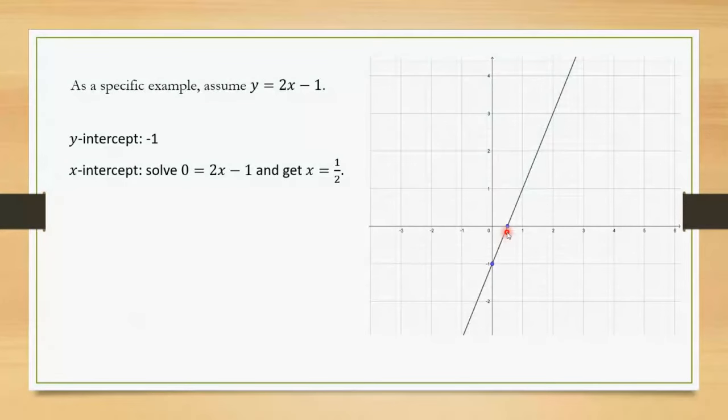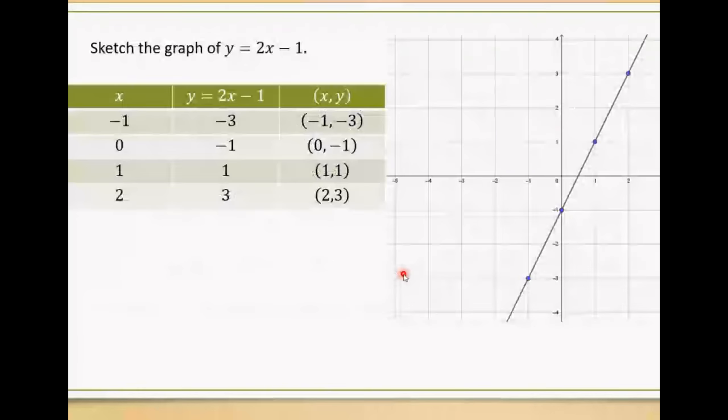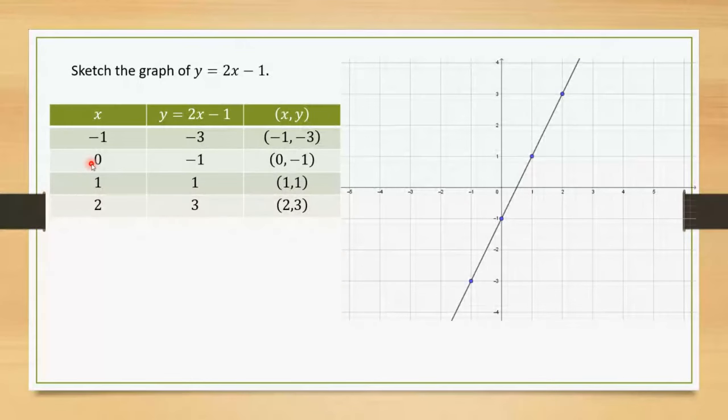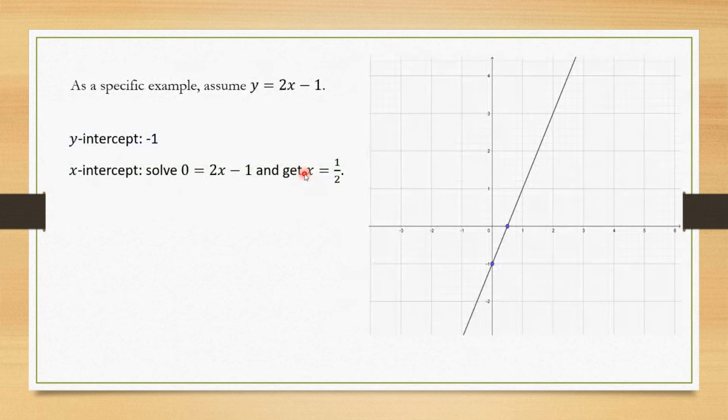So if we go back to this, for instance, we actually saw, if you go back to that calculation, we had x equal to 0 here. Well, if you let x be 0, that forces y to be -1. Hence, -1 is the y-intercept. For the x-intercept, again, you set the other variable to be 0.